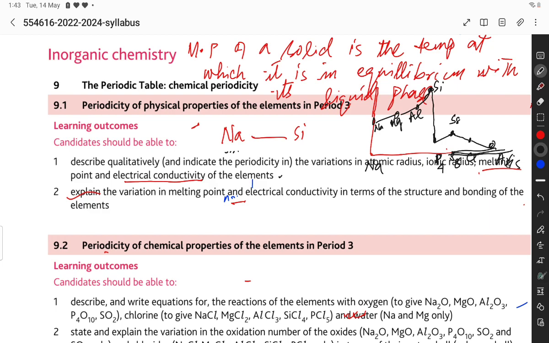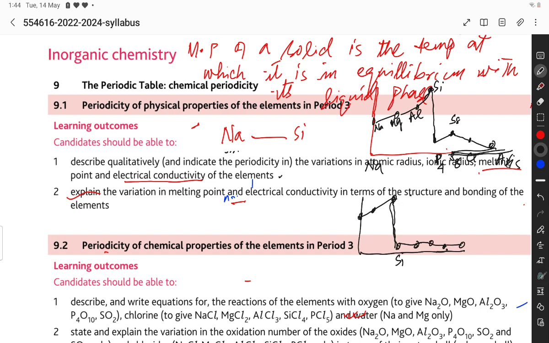Similarly, this is the trend of electrical conductivity: sodium, magnesium, aluminium, and this is silicon, then phosphorus, sulfur, chlorine and argon.